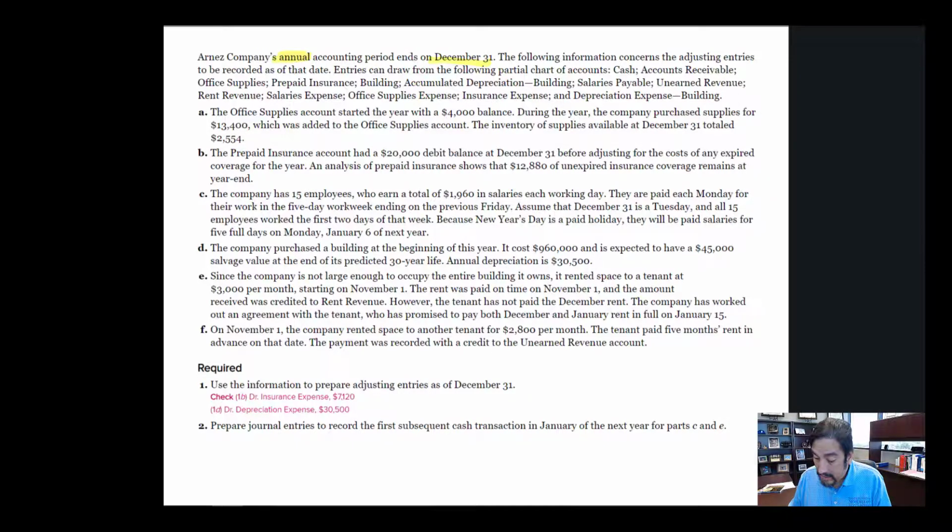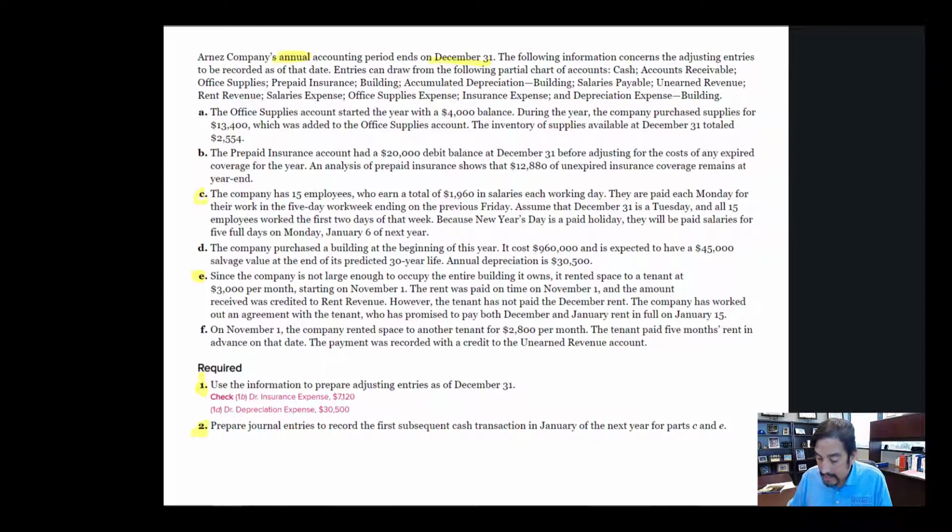They give us all of these accounts, and then we get A, B, C, D, E, F of the things we should look at to see if there's an adjusting journal entry needed, and if so, what is it? That is requirement 1. Requirement 2 tells us go back to C and E and record the first regular journal entry of the new year.